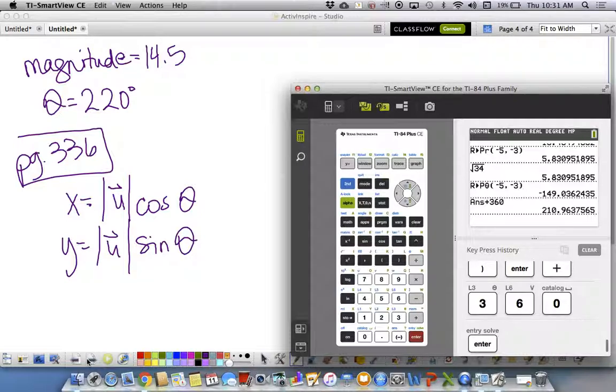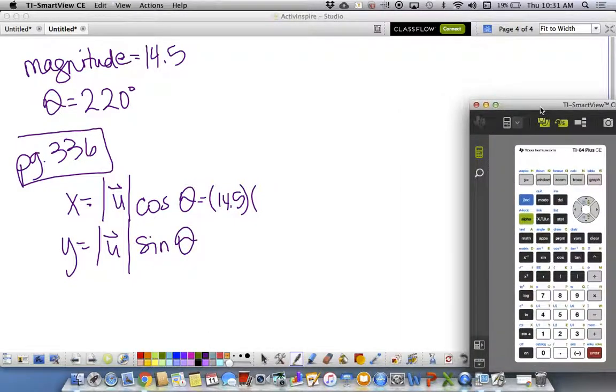So if I give you a magnitude of 14.5 and an angle of 220, can you plug that in and find what x is? It's 14.5 times cosine 220 degrees.